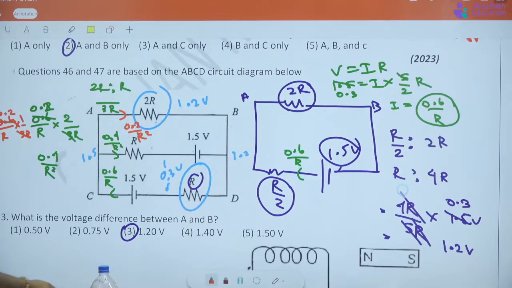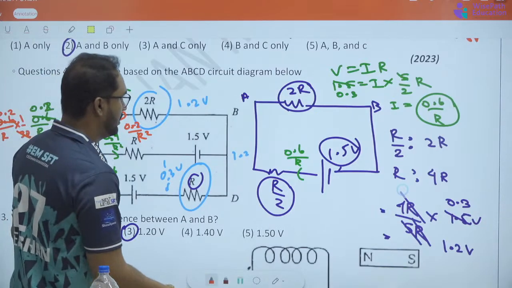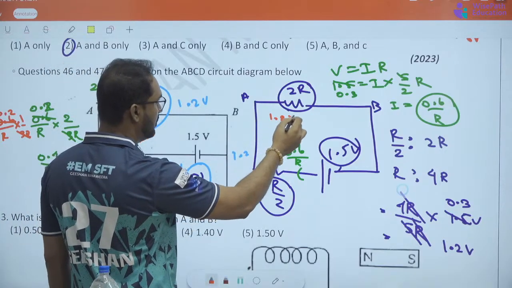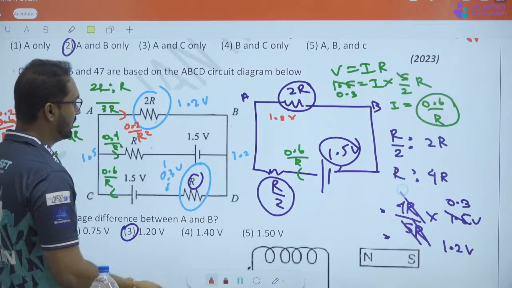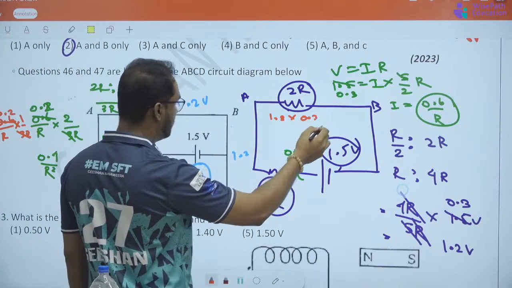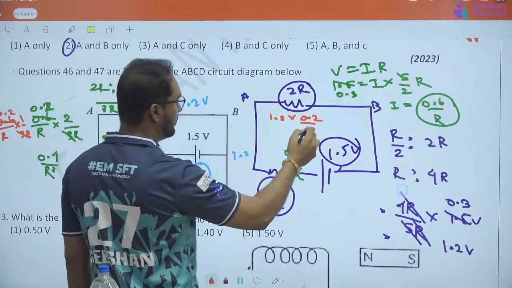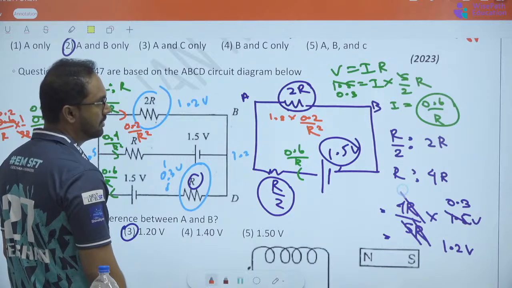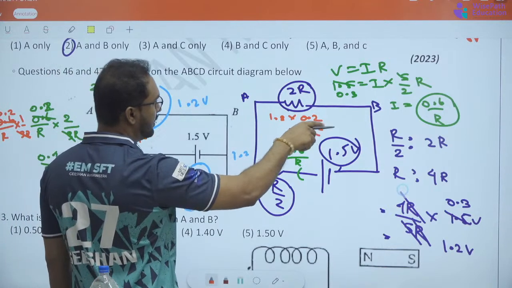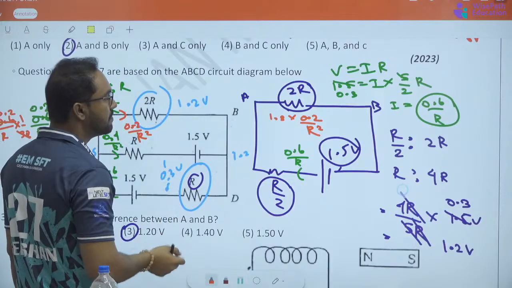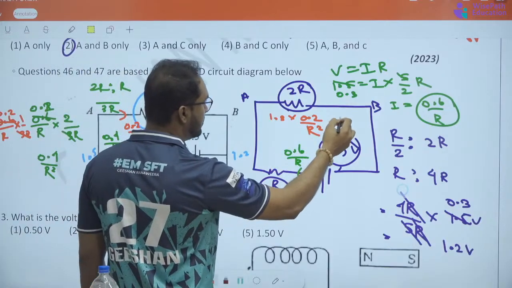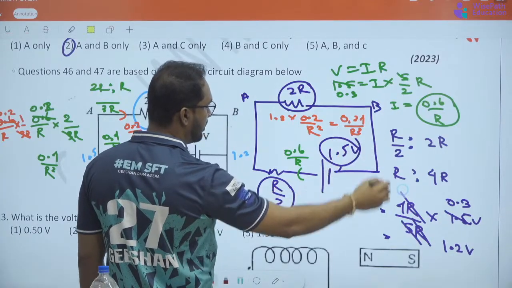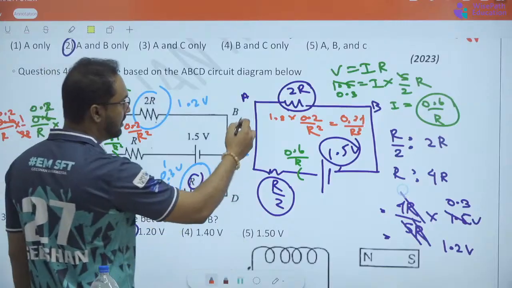So if we put VI now, this has 1.2 volts and the current is 0.2 over R square, and the total value is 1.2 times 0.2, which is 0.24 divided by R square of power. This is VI.